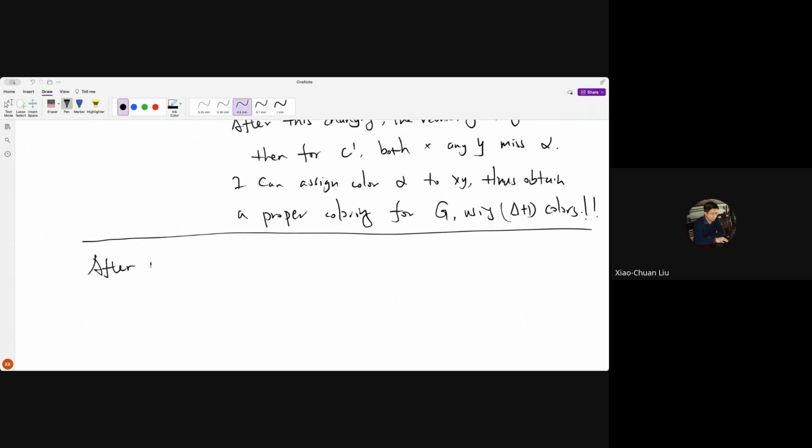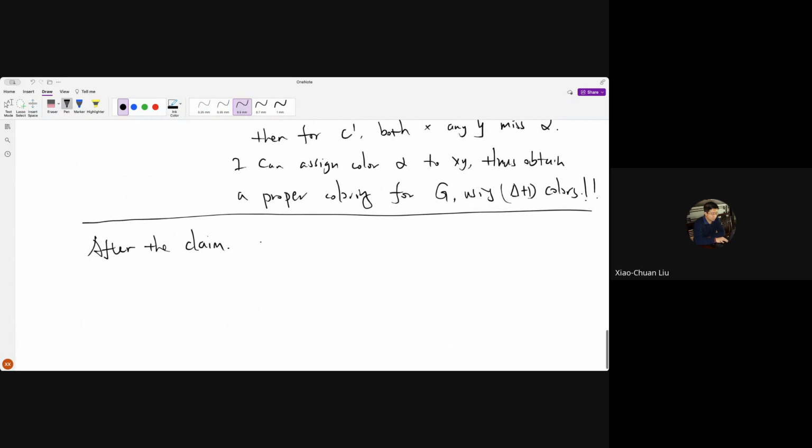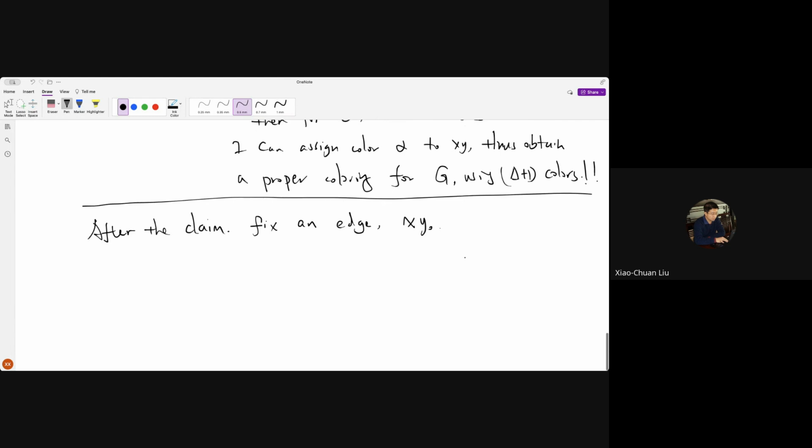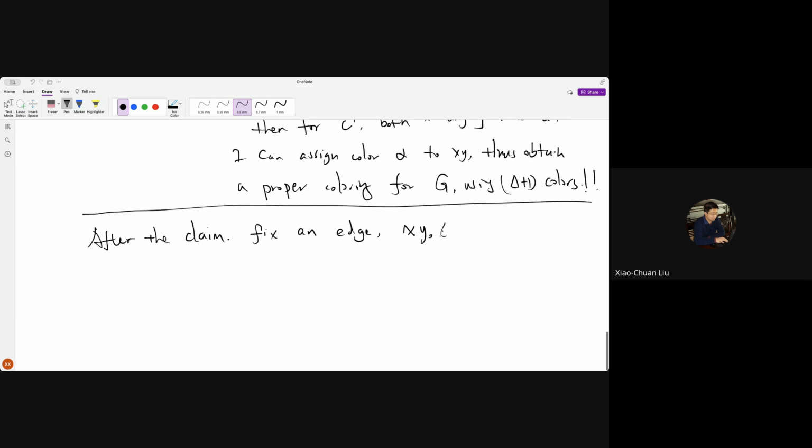After the claim, we fix an edge which we call xy0, and we take it out.